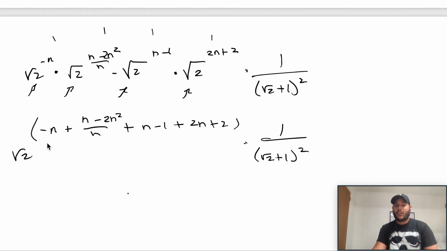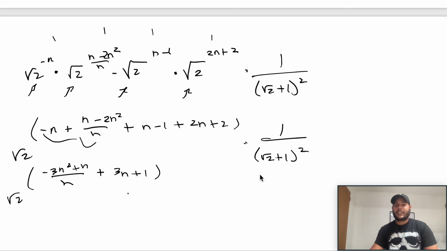So adding these terms right here, we obtain square root of 2 elevated to negative 3n to the second power plus n over n plus 3n plus 1. I'm going to neglect this term just for the moment. I just want to know what this is.